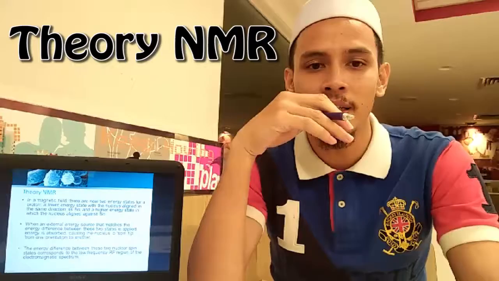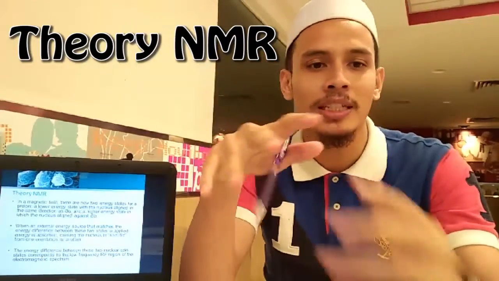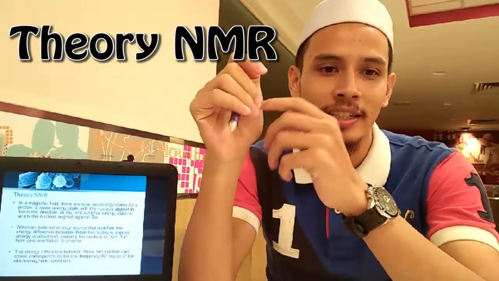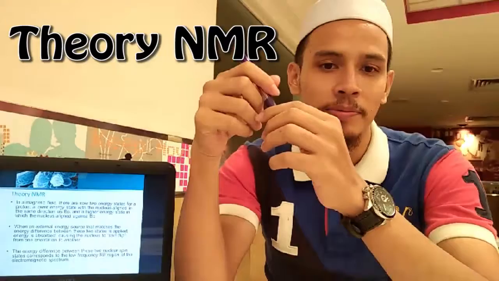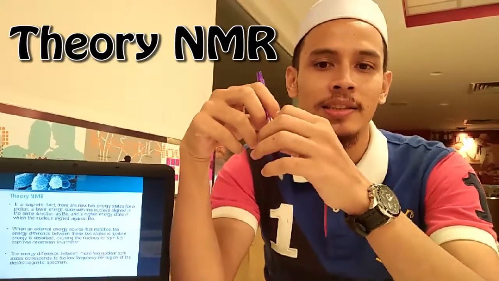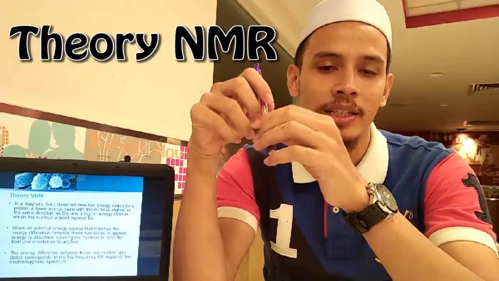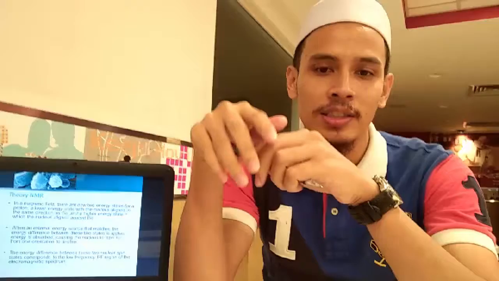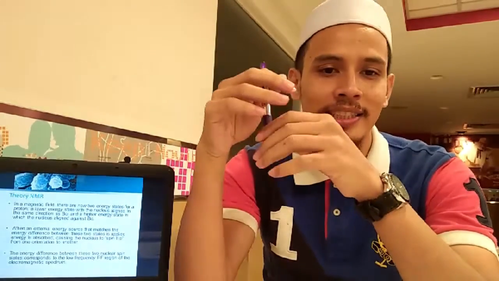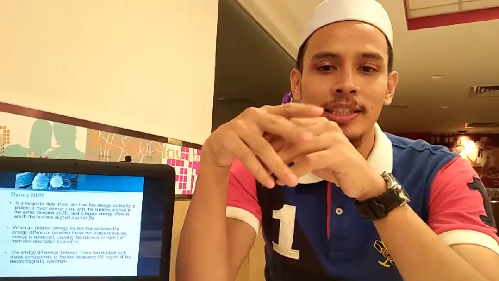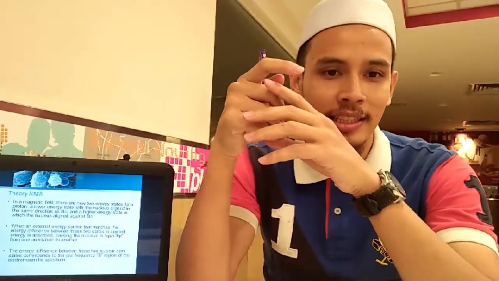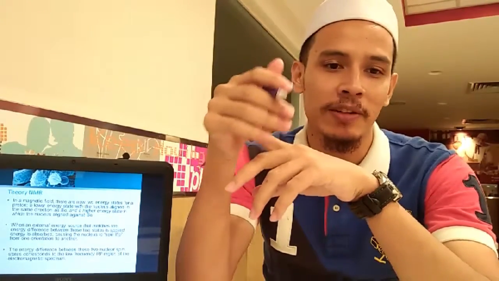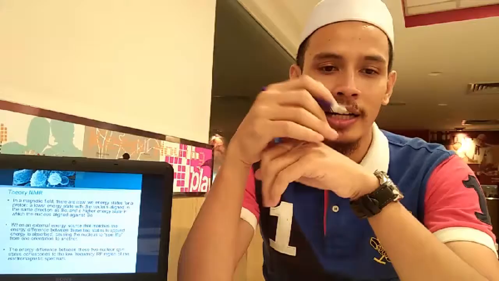In a magnetic field, there are two energy states for a proton: a lower energy state with the nuclear spin in the same direction as B, and a higher energy state in which the nuclear spin is against B. When an external energy source that matches the energy difference between these two states is applied, the energy is absorbed, causing the nucleus to spin flip from one orientation to the other.